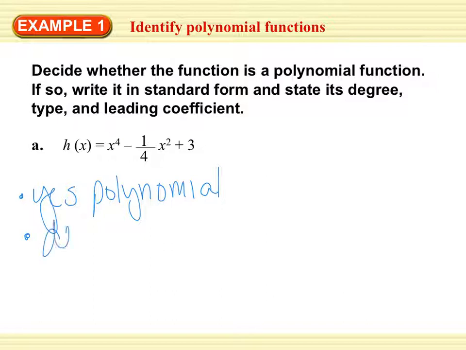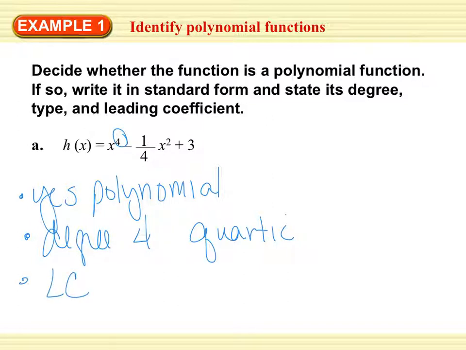It has a degree of 4 because that's the biggest exponent. So it is quartic. And its leading coefficient is 1, because when there's nothing in front of the variable, we always know that there's a 1 there. Mathematicians are lazy.